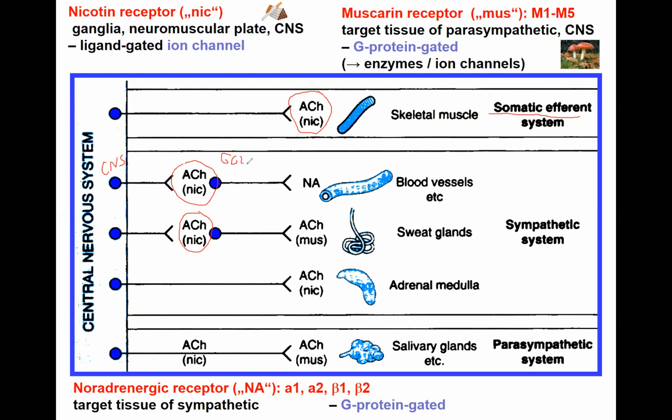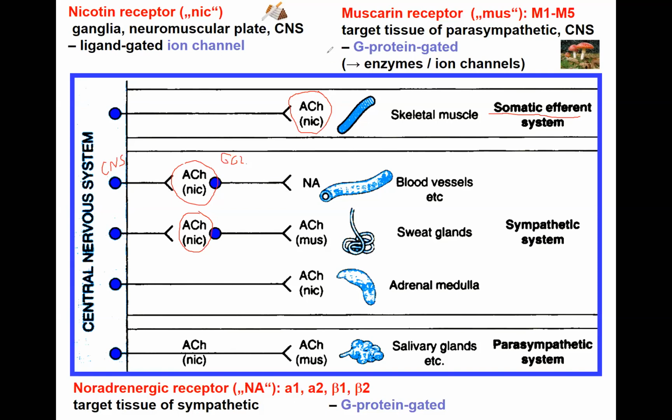You can see that they are used by the axons of the CNS neurons, so they are preganglionic, both for sympathetic and parasympathetic. So it's very important that acetylcholine is used for all preganglionic autonomic fibers and for the somatomotor neuromuscular plate.